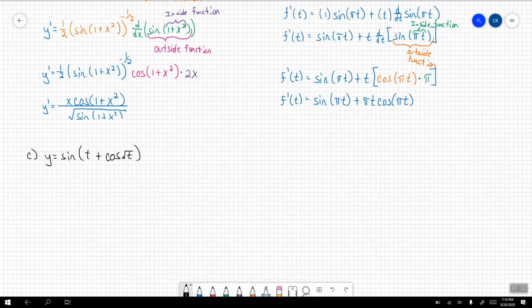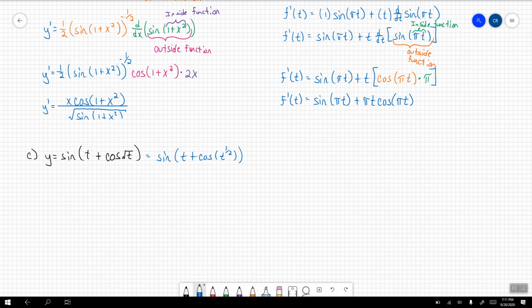That way we can apply the chain rule. So one of the first things I see here is that I want to rewrite it. Anytime I see a square root, I want to rewrite it in a different way. So I'll rewrite this as sine of t plus cosine of t to the power of 1/2, all inside of that sine.